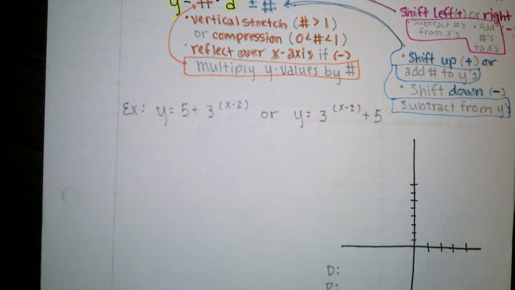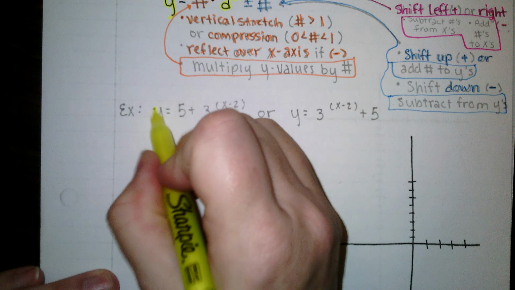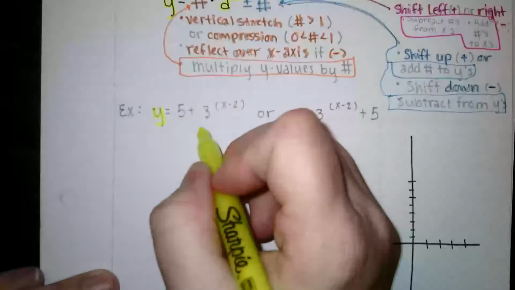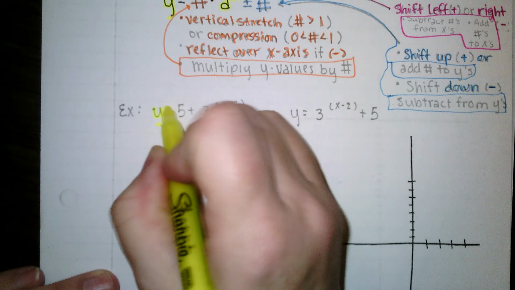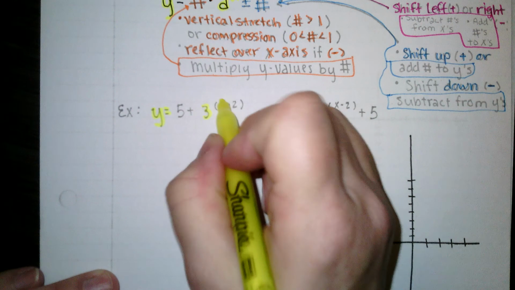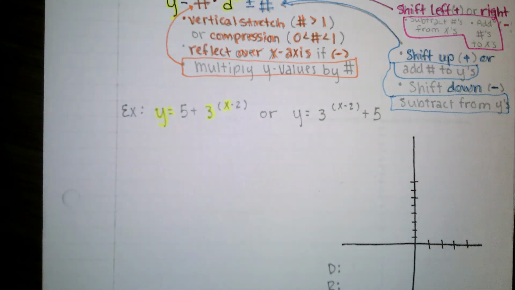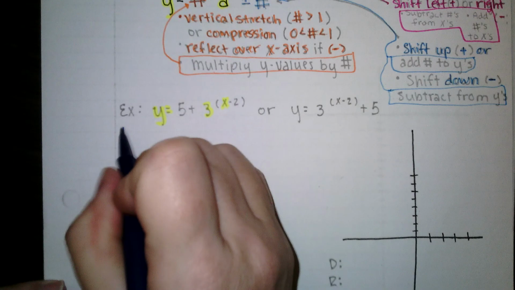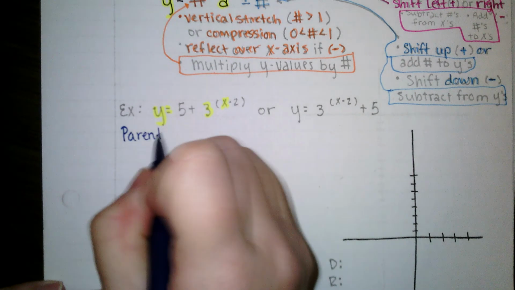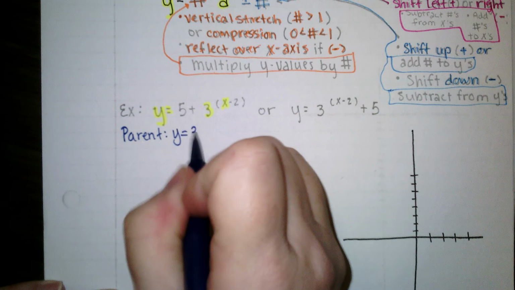So kind of first off, you want to identify what is the parent. And the parent is going to be the y equals the base of 3 to the power of x. Everything else is a transformation. So you always do want to know that your parent is going to be y equals 3 to the x.